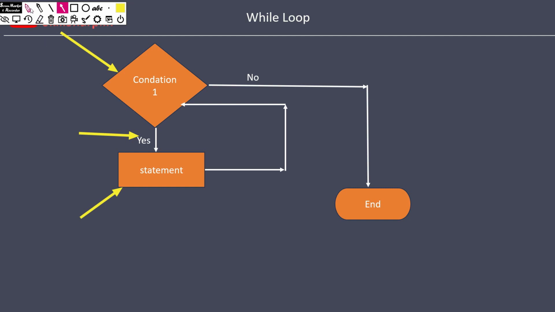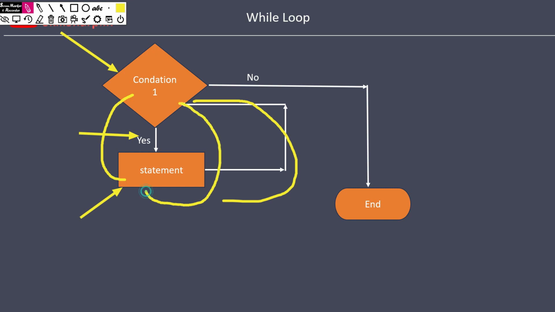After that indented block is executed, control goes to the condition again. Then it will check the condition again, and if it is true, it will run the block of code again.